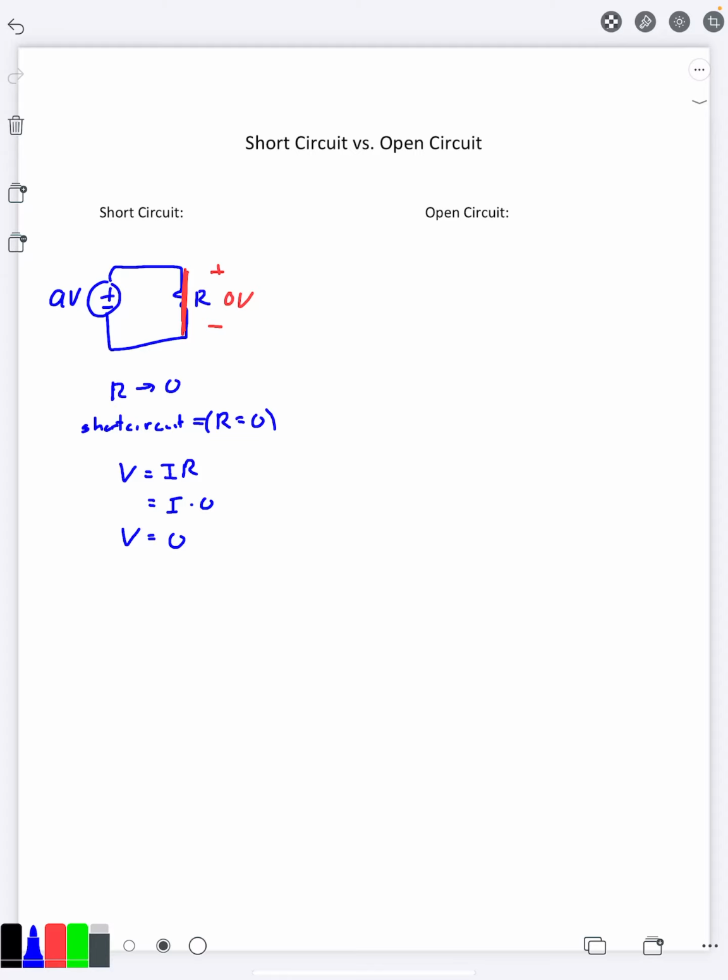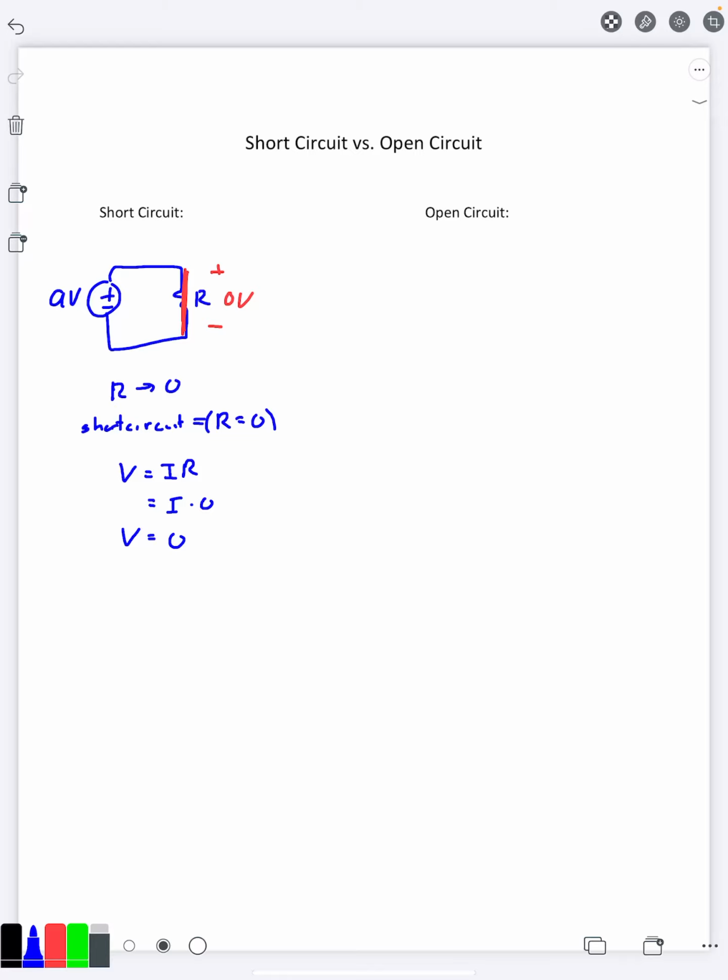And realistically, please don't do this, but if you short out an actual battery, you can cause damage, maybe a fire, things like this. So again, just showing you a little bit of differences. Mathematically, we can't have a short on a battery, right? 0 is not equal to 9. But physically, if you do short a battery, it can obviously happen.